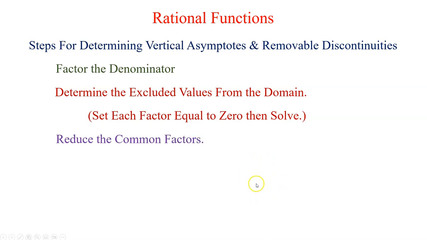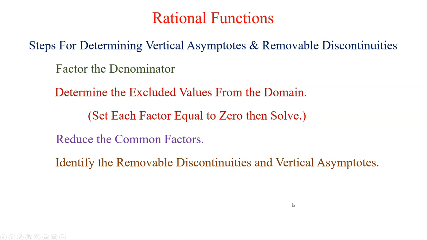Once you reduce, that's the next step, reduce all the common factors. As soon as you reduce, you're able to determine which excluded values are a removable discontinuity and which ones are vertical asymptotes.